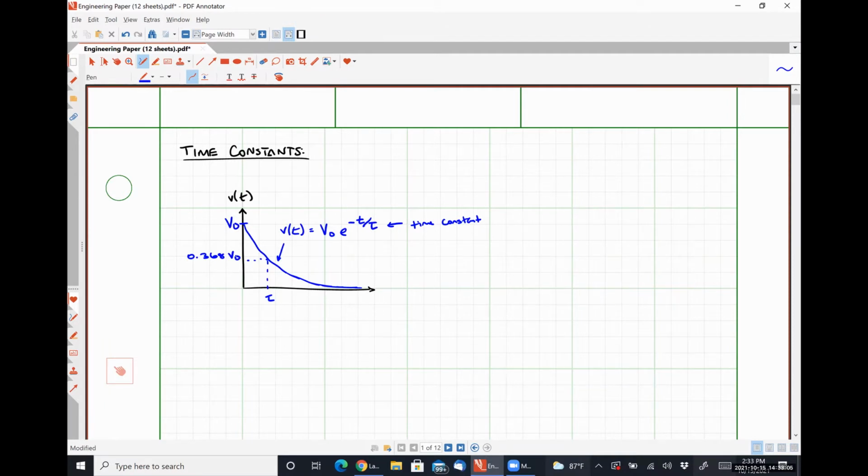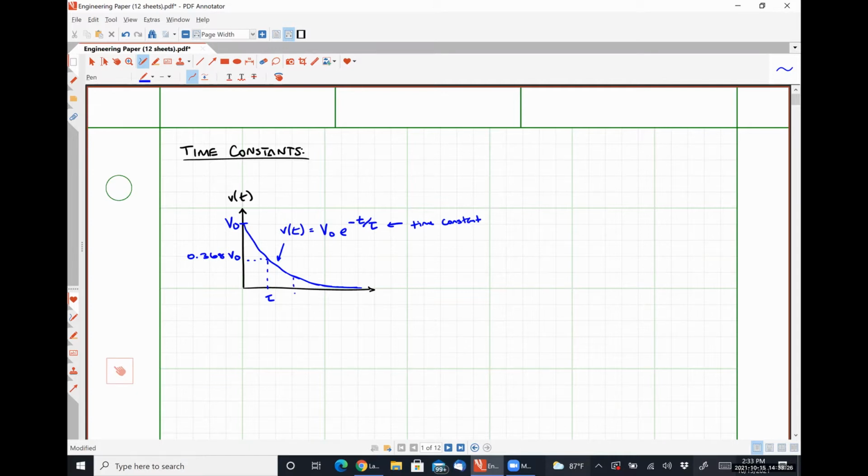Okay, so it decays to roughly 37% of its original value. And so tau in this case is what happens when, if we have negative t over tau, at exactly tau, we have V naught times e to the minus 1. Okay, so that's where that 36% gibberish comes from.